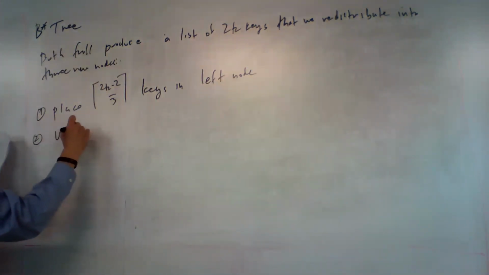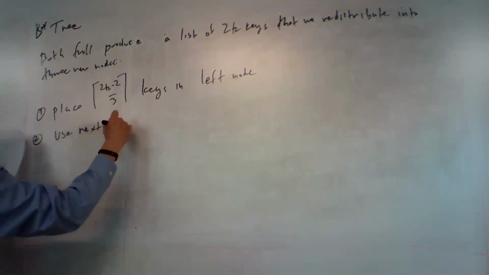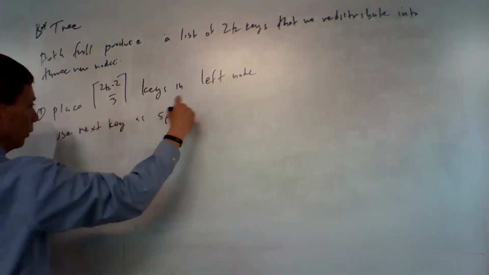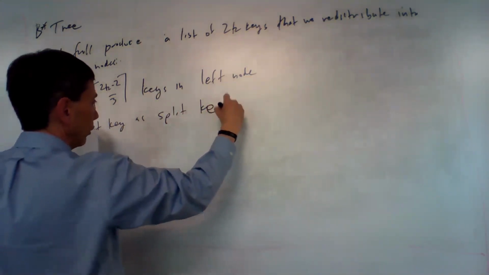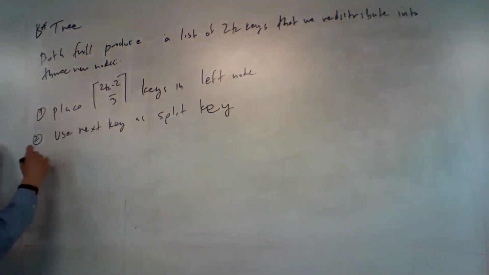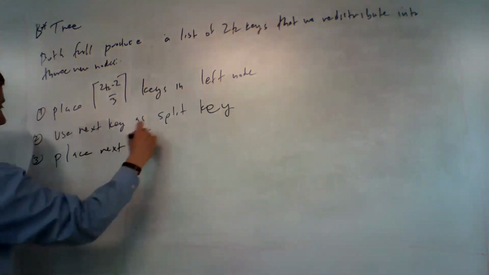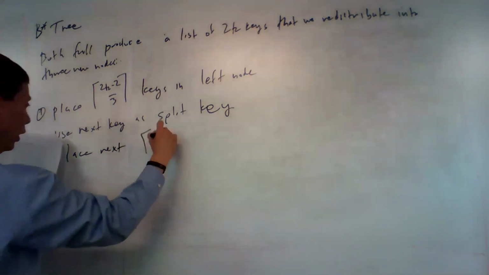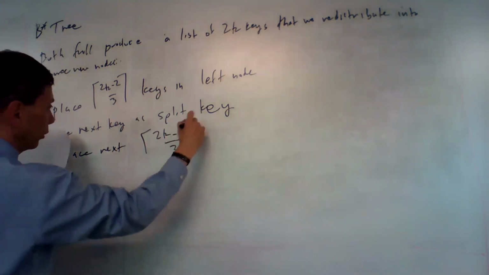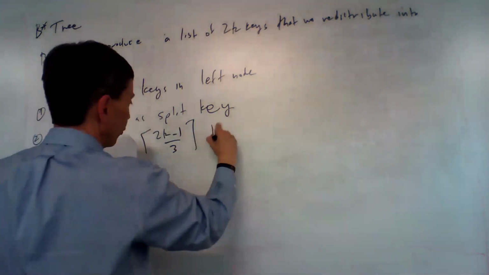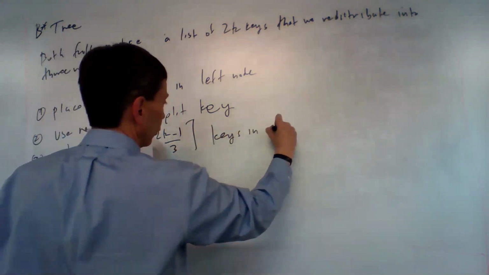Use the next key as the split key. You place the next ceiling of (2K minus 1) over 3 keys in the middle node.